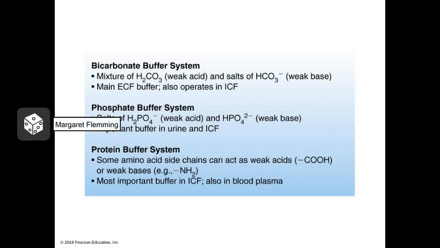When looking at our chemical buffer systems, again, we can use these various chemicals listed here to contribute either a weak acid to buffer a strong base or a weak base to buffer strong acids. Our bicarbonate buffer system is really important in terms of extracellular fluid buffering.